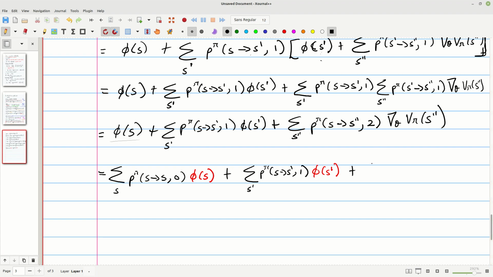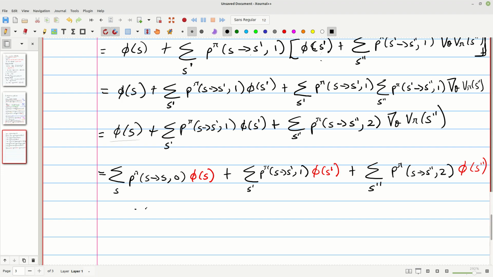Plus the summation over s double prime of p pi from s to s double prime in 2 steps times phi of s double prime, right?